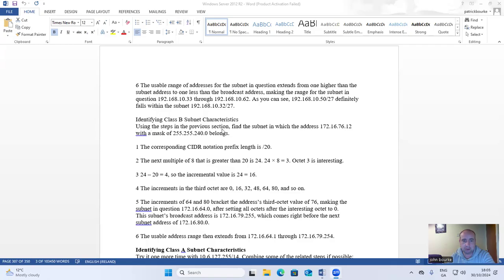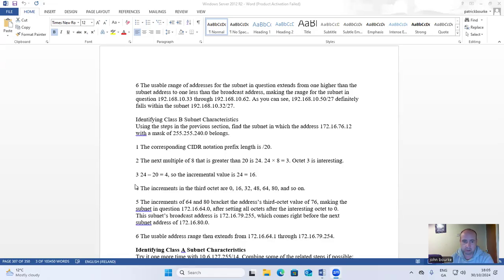Identifying class B characteristics. Using the steps in the previous section, find the subnet in which the address 172.16.76.12 with a mask of 255.255.240.0 belongs. 1. The corresponding CIDR notation prefix length is /20. The next multiple of 8 that is greater than 20 is 24. 24 divided by 8 equals 3.